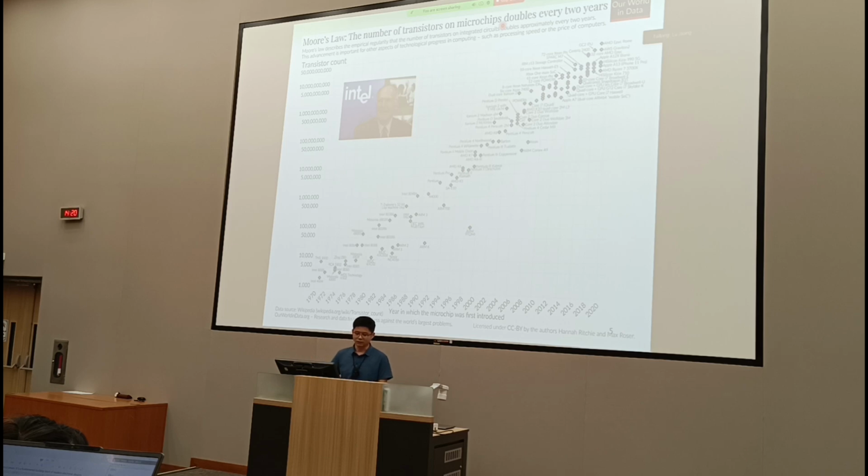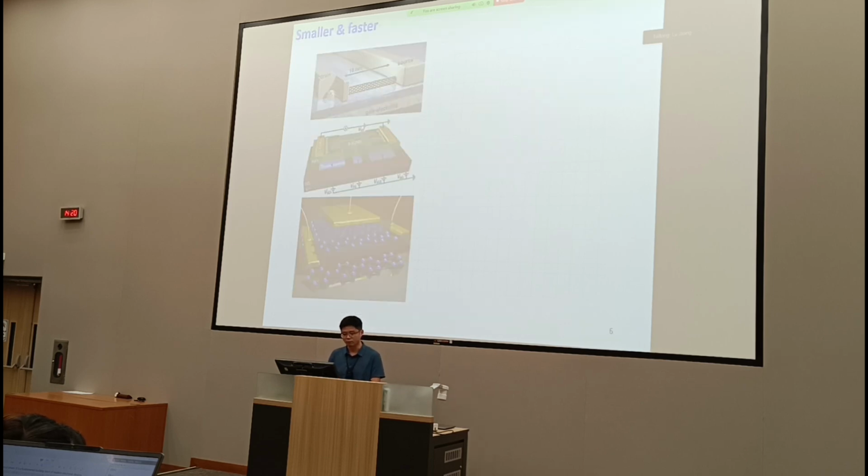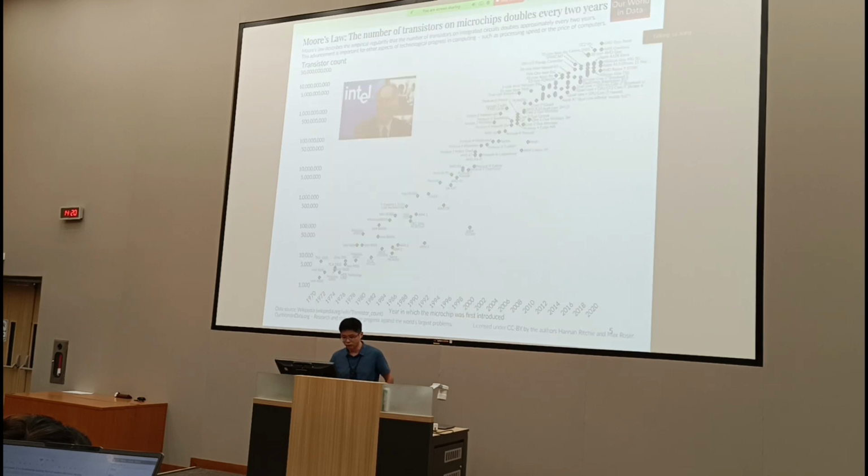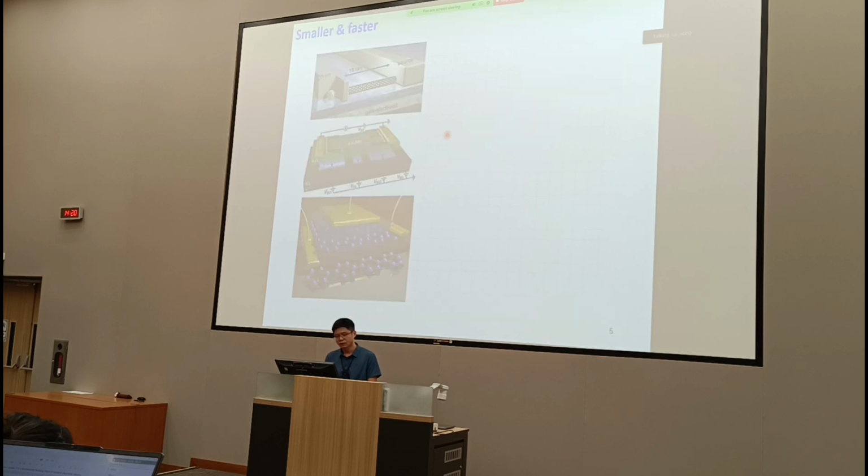It was first proposed by Gordon Moore, a co-founder of Intel. It has described the development of transistors very well, and also the power of the chips. But the question is always, what's the end of Moore's law? Like how small a transistor can we make?